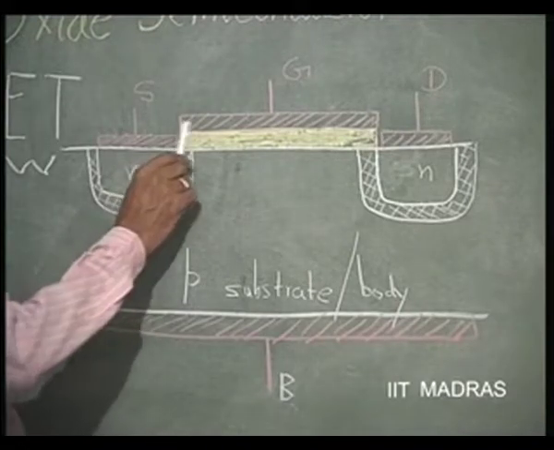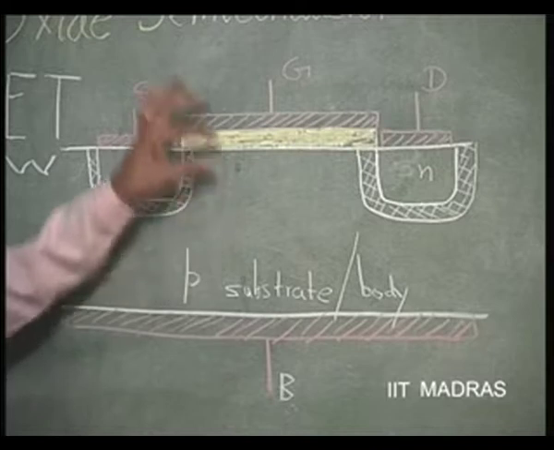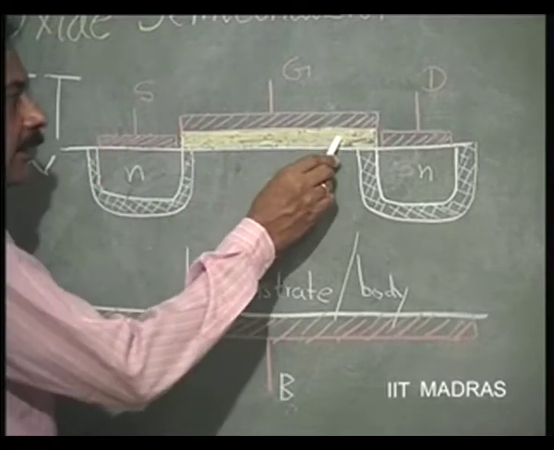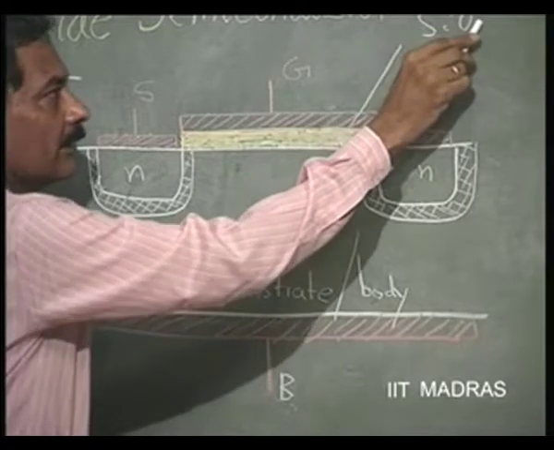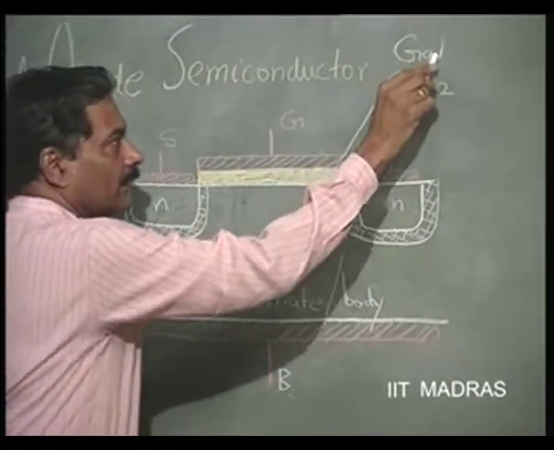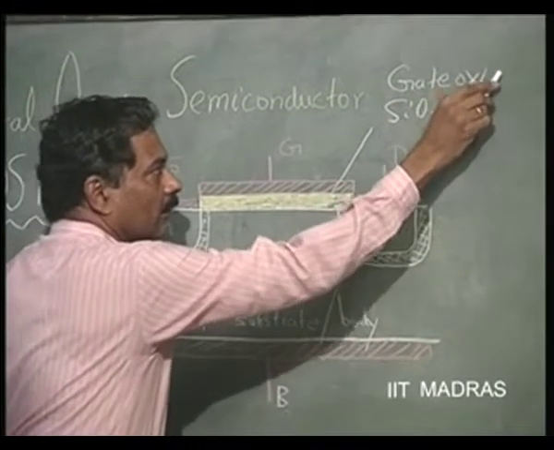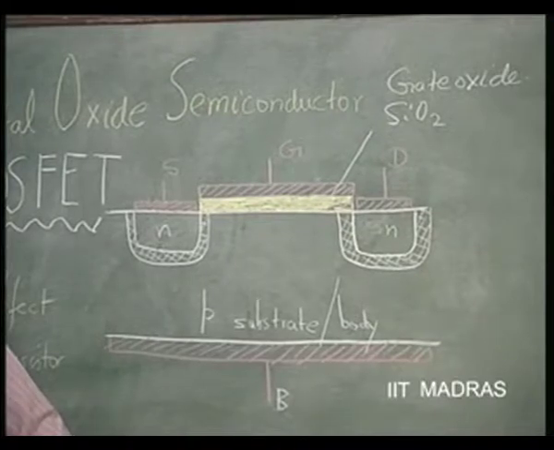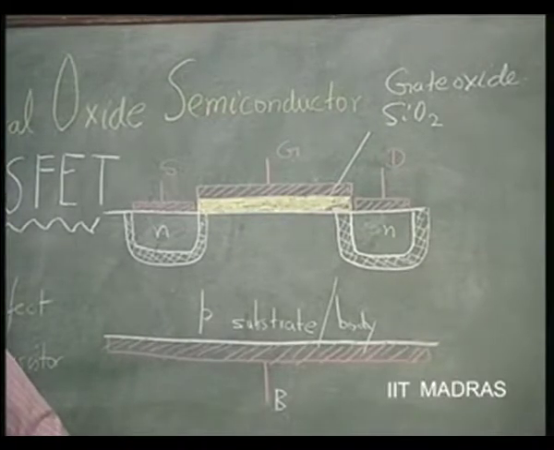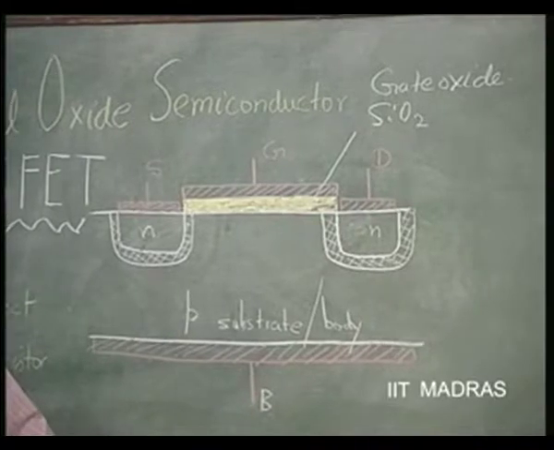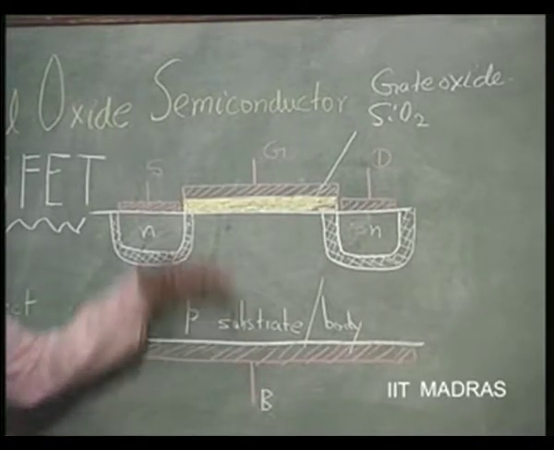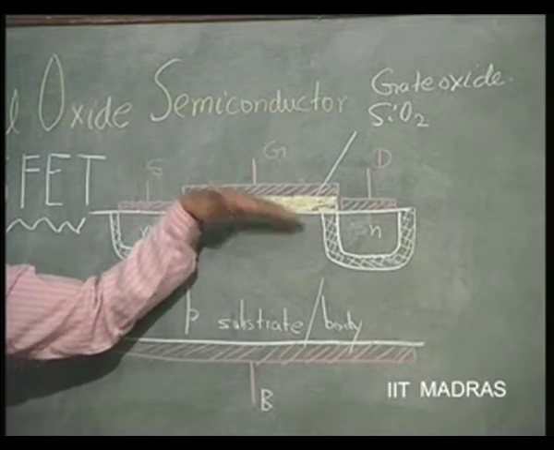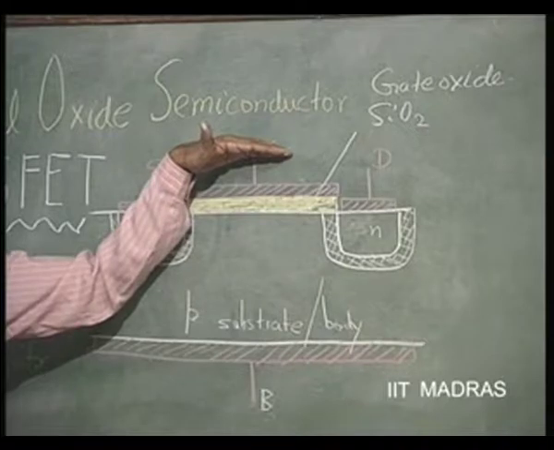Then we have what is called the gate, which is located over a very thin oxide, which is silicon oxide. This is silicon oxide or gate oxide it is called. Typically of the order of 1000 angstroms, very thin. Why it is made thin is because you would like to have control over the surface by the gate electrode.